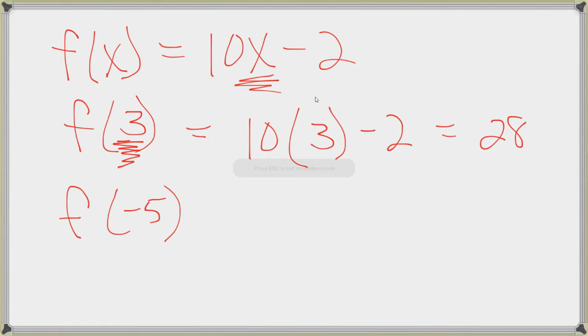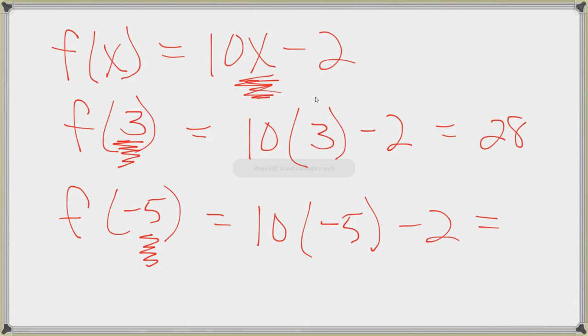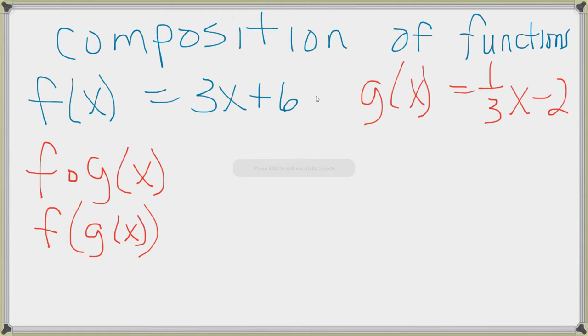We plugged it in for the x in that function, which gave us 10 times 3 minus 2. 10 times 3 is 30. 30 minus 2 is 28. Or we might have been asked f of negative 5. And we take whatever is in parentheses and replace the x with it. So 10 times negative 5 minus 2, negative 50, negative 52.